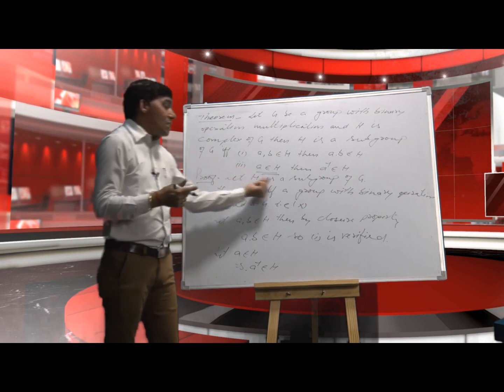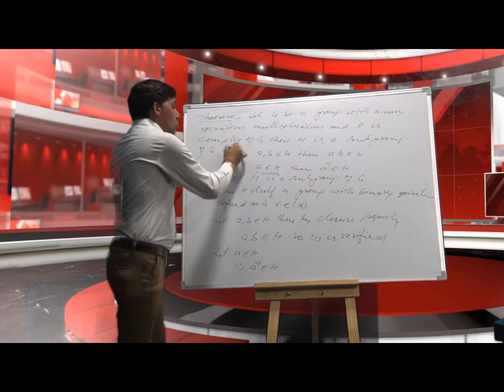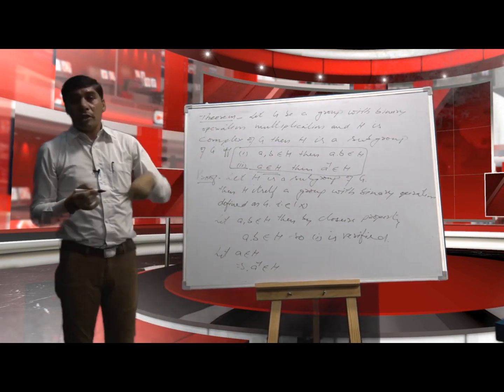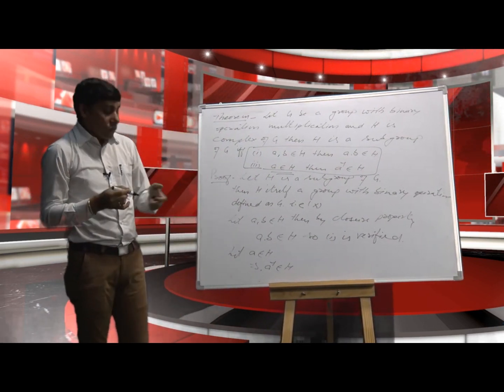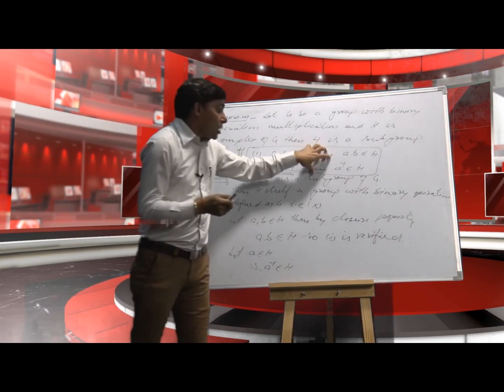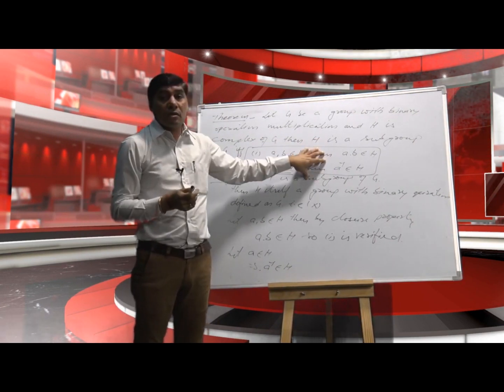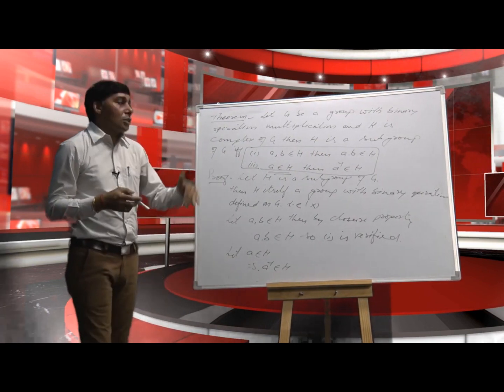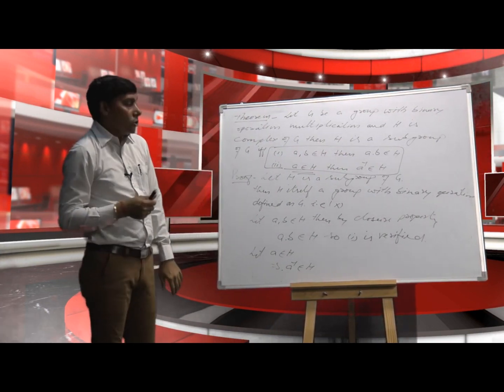So if we take H as a subgroup of G, then these two conditions are satisfied. Now conversely, we assume that H satisfies these two conditions, and we will prove H itself is a group. That means H becomes a subgroup of G.